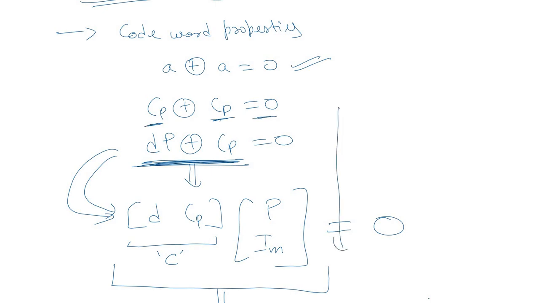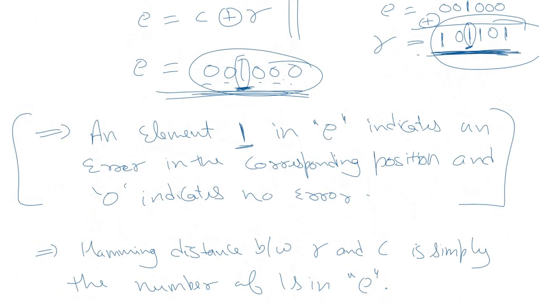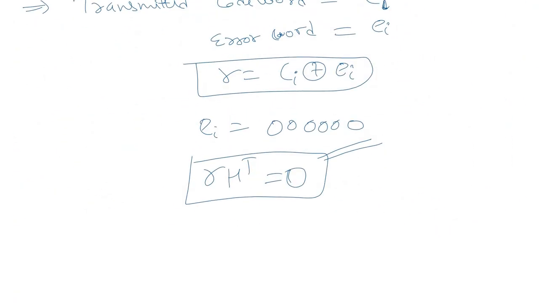So if the error vector is 0, R will be equal to C, and hence R into H transpose is equal to 0. We are making use of the same property here, okay? But this is the ideal scenario which will hardly occur.